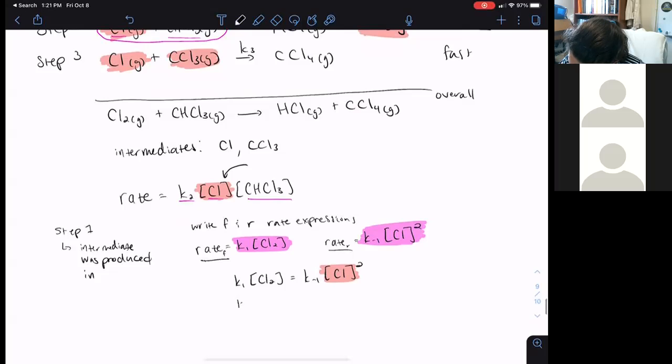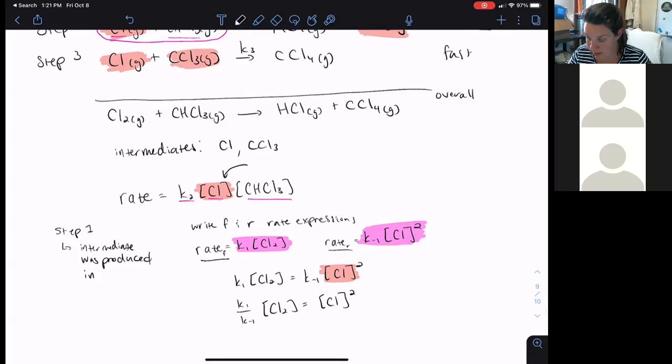So I get K1 divided by K minus 1 times Cl2 equals Cl squared. Then I'm going to take the square root of both sides.